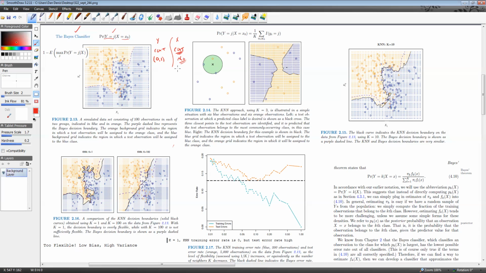What the Bayes classifier says is if you put this value of X, what the Bayes classifier is going to do is predict group membership, so the class, for which is the highest probability, that's the conditional, given X sub naught. So given this, which class has the highest probability?